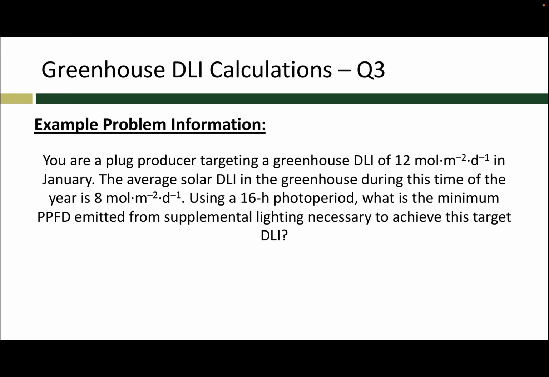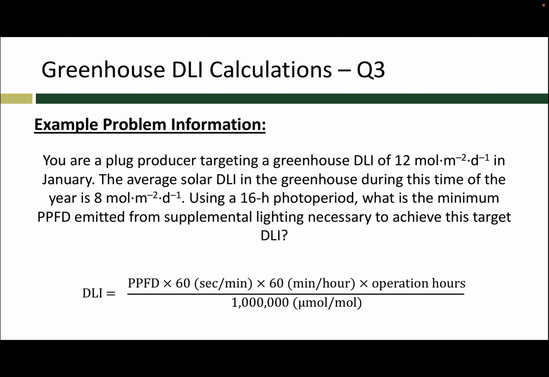So using a 16-hour photo period, what is the minimum PPFD emitted from supplemental lighting necessary to achieve this target DLI? So we can use this exact same equation, and in this case, instead of solving for DLI, we're actually going to be solving for PPFD. We want to know what is that instantaneous light intensity, that PPFD, that my lamps need to be providing so that I can achieve this target DLI.